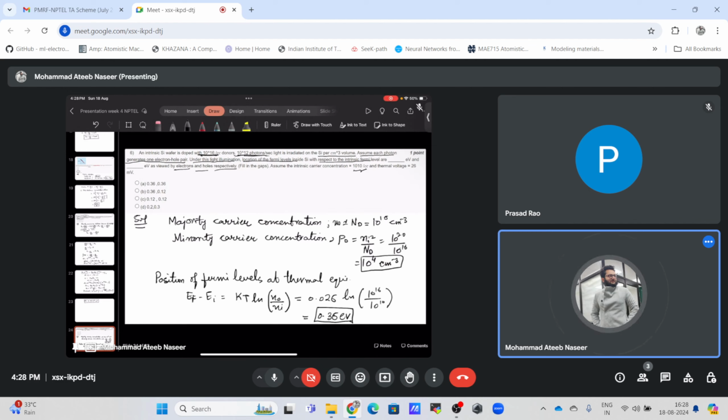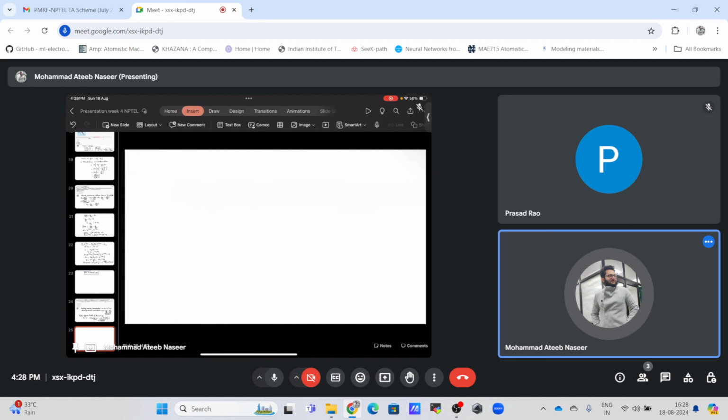Okay, now for holes in thermal equilibrium, it is EI minus EFP equals KT ln of P naught by Ni. It is simply 0.026 ln of 10 to the power of 4 by 10 to the power of 10.